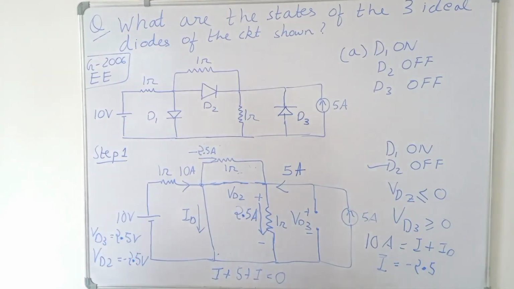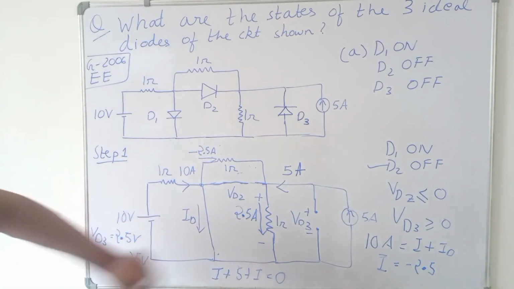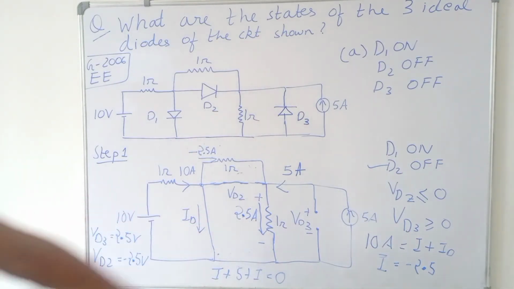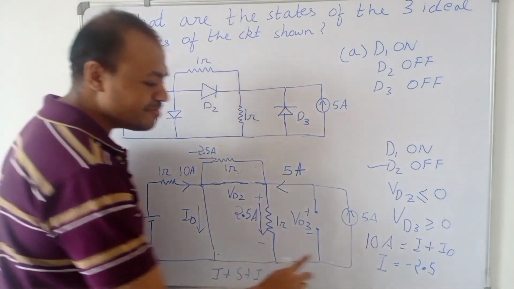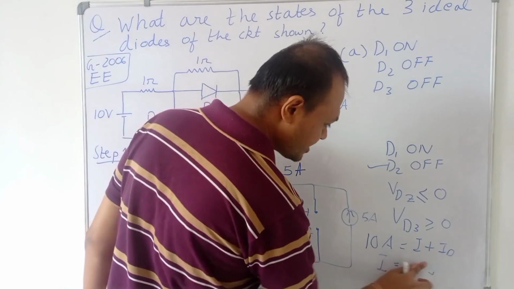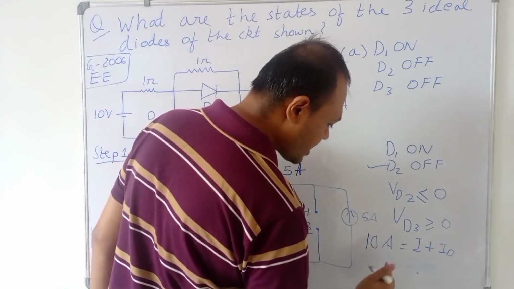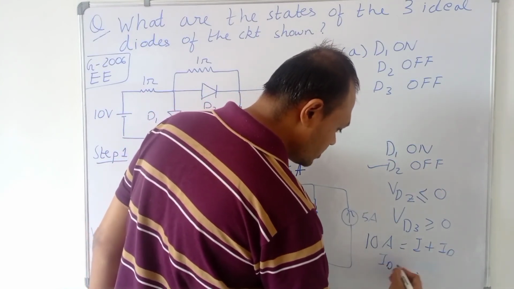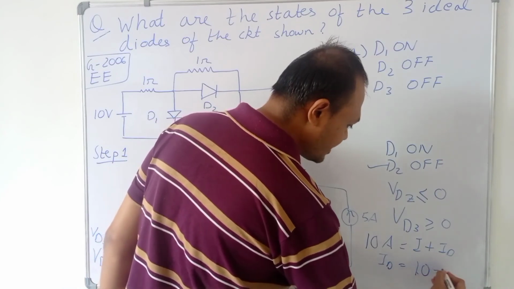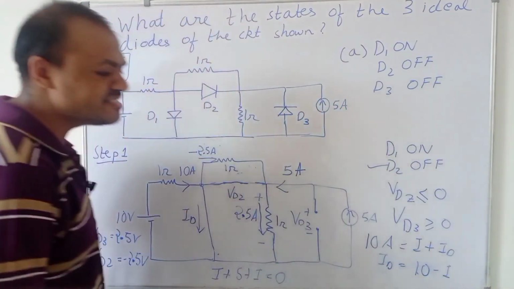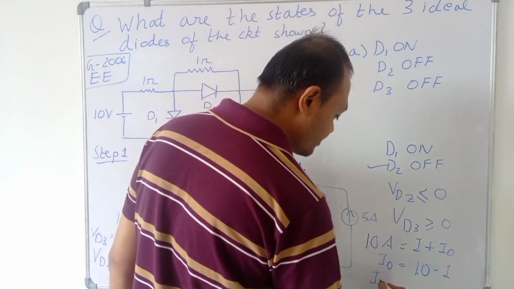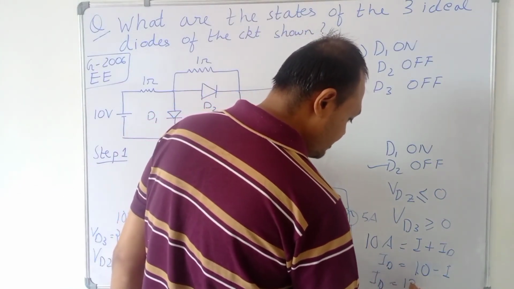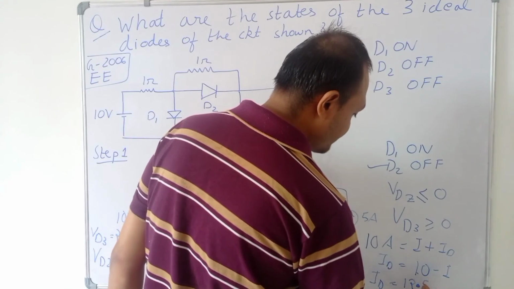Now ID is 10 ampere minus I. ID will be equal to 10 minus I, and I is minus 2.5, so ID will be equal to 12.5 ampere.